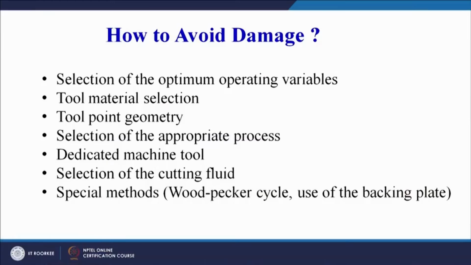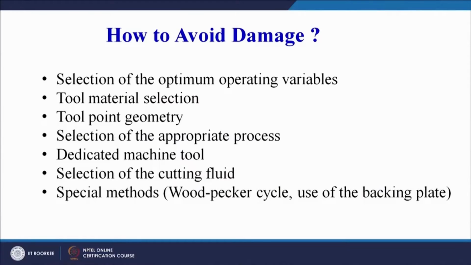Then the dedicated machine tool. We have seen that the machines that we use for making holes in metals may not be that applicable for making holes in composites. So we have to design and develop machines which are specific to composite materials. Finally, we have to intelligently select the cutting fluid, which may act as a coolant and also as a lubricant.